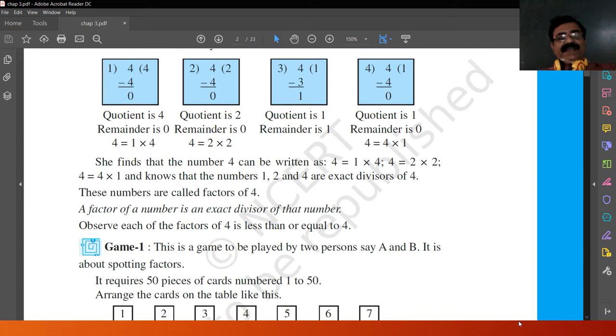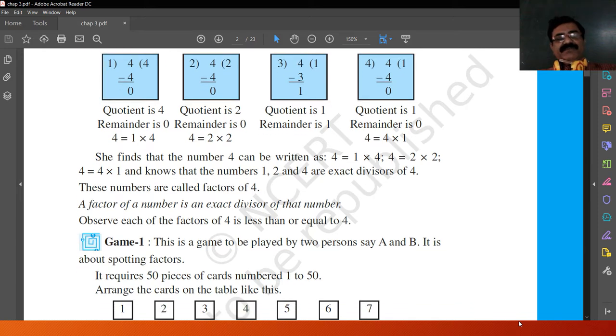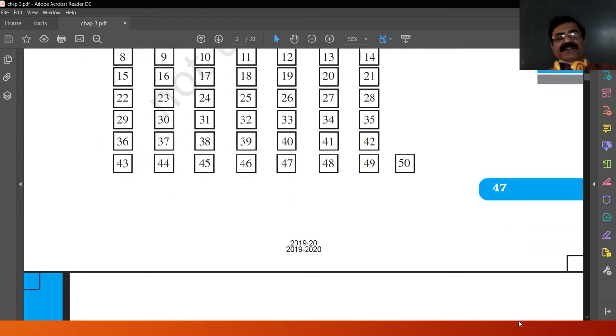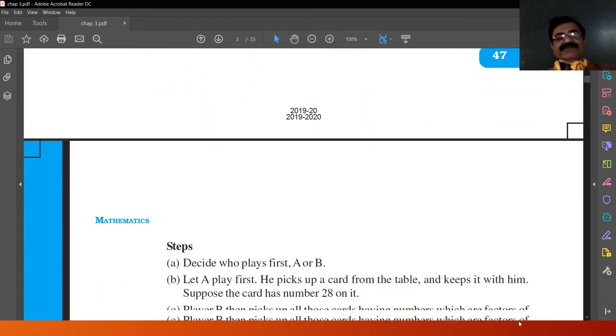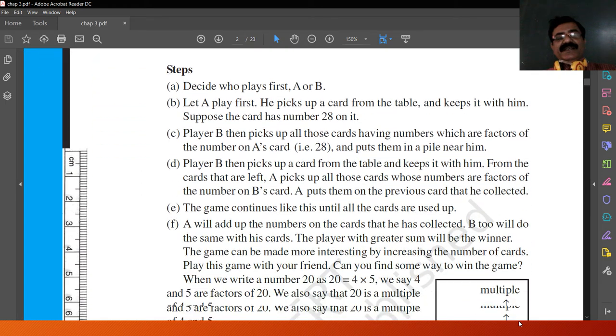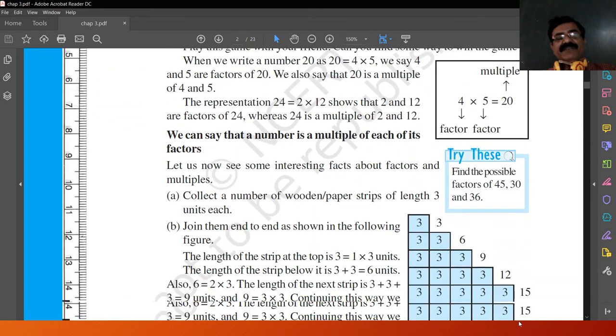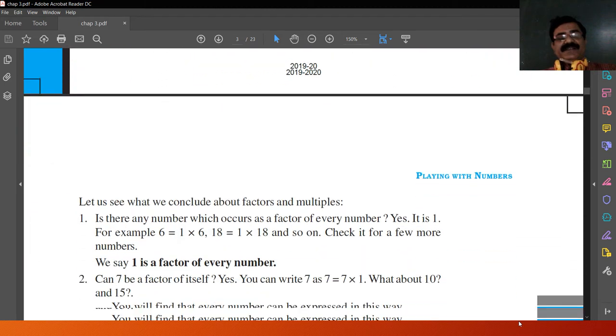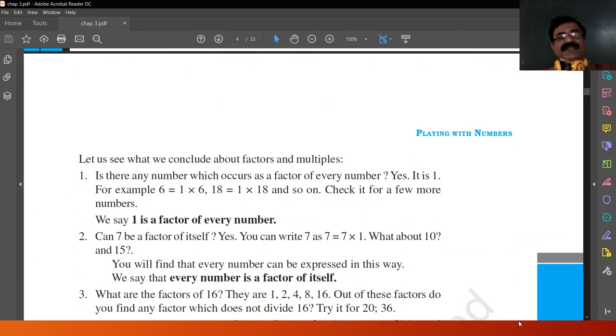And we can say that a factor of a number is an exact divisor of that number. So students, we can find the factors by dividing the numbers, and after that you can write. You understand 1 is a factor of every number.